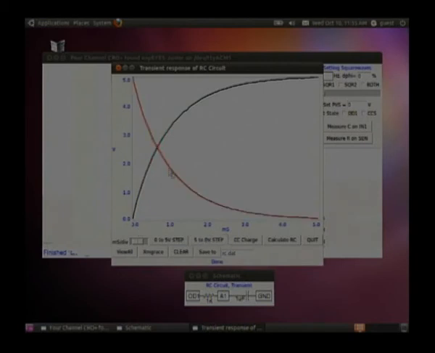Here you can see the discharge curve of the capacitor, and as you can see this is happening exponentially. That means, in an RC circuit, when it charges or discharges, the voltage across the capacitor changes in an exponential manner. Now, fitting this curve with the equation of the RC discharge will give us the time constant RC. So, we can calculate RC.